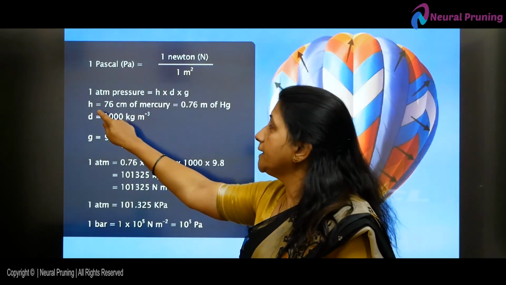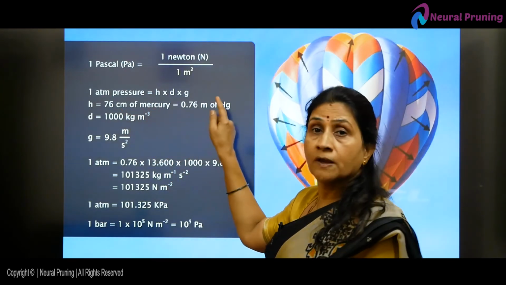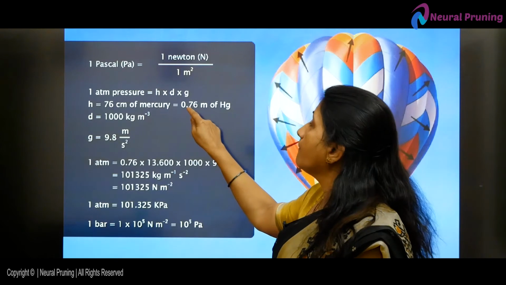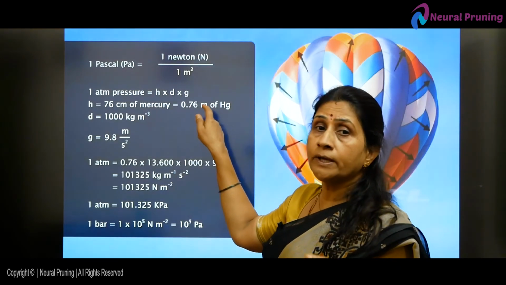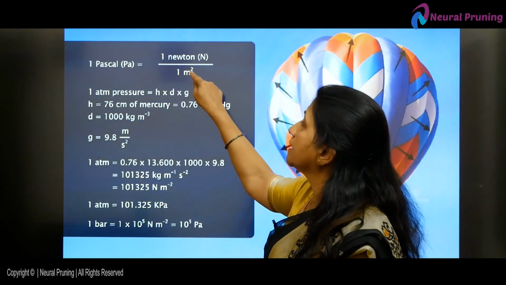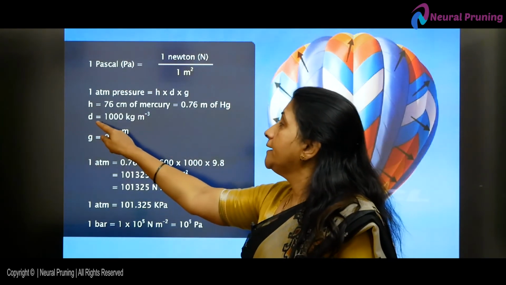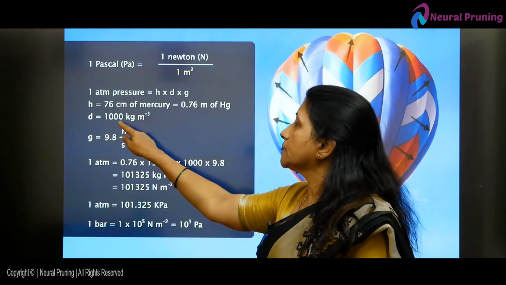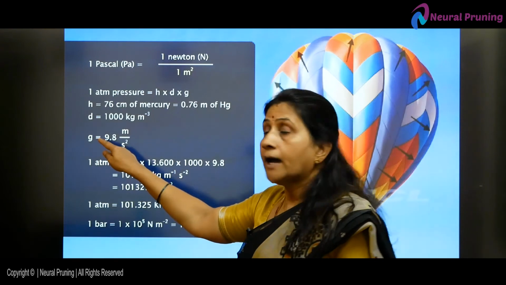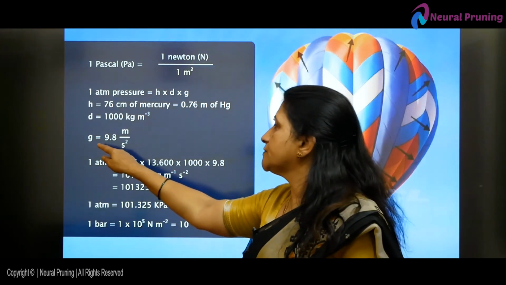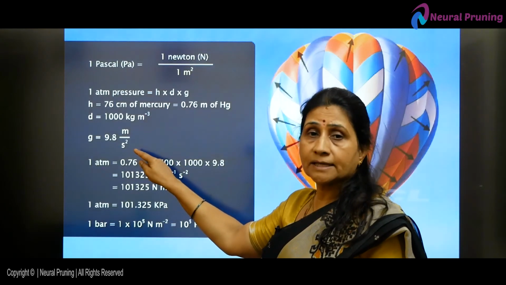Height is 76 cm of mercury, which is also 0.76 m of mercury. Meter is important here because we are calculating in pascals. Density, d, is 13600 kg per meter cube for mercury. Acceleration due to gravity, g, is 9.8 meter per second square.